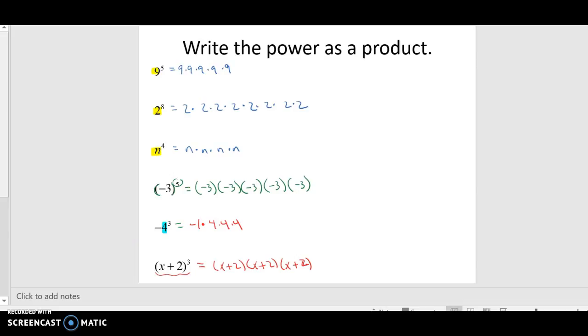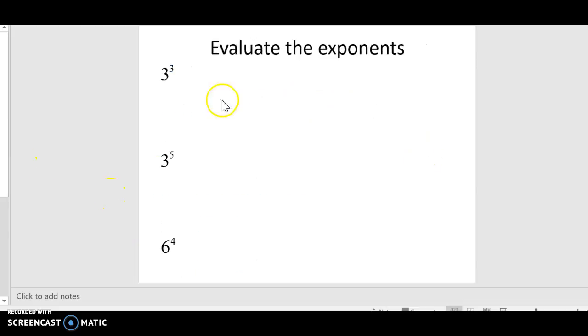Now, if we go to evaluate these, when we say evaluate, we mean simplify to its numeric value. Without a calculator, the way we do it, 3 to the 3rd power is 3 times 3 times 3. 3 times 3 is 9. 9 times 3 would give you 27. 3 to the 5th would be 3 times 3 times 3 times 3 times 3.